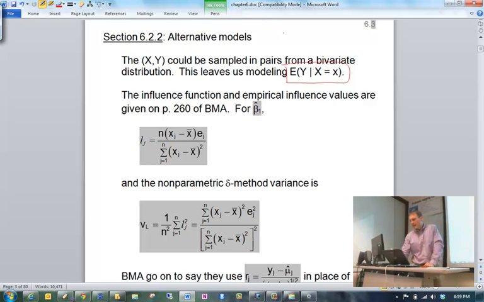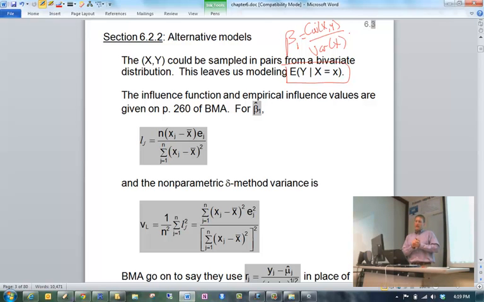In this kind of setting, one can derive that beta 1 would be the covariance of x and y over the variance of x. And you can have a similar expression for beta 0 as well, just using properties of the multivariate normal.